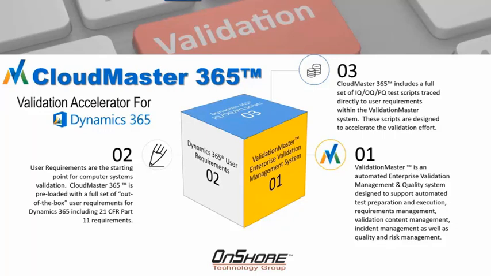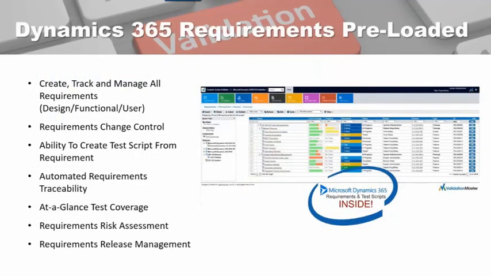So what you see here is the requirements management. These are 365 requirements inside of Validation Master, and they're used to track and manage all of the different requirements that you have. Any custom requirements that you have can be added to the system quickly and easily. So the strategy for validating Dynamics in Azure consists of the system provisioning.